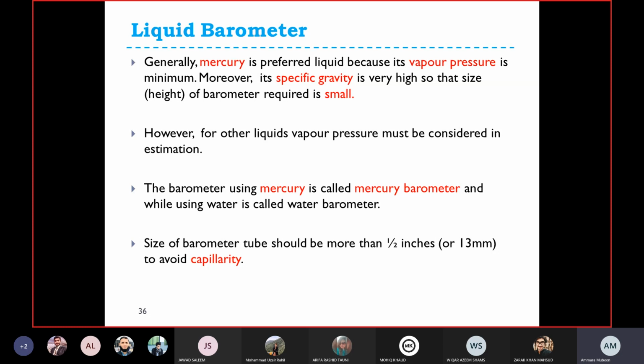When the tube size is less than half inch, you should consider the capillarity. So usually in a liquid barometer, the tube size is taken as greater than half inch to avoid the capillarity error. Capillarity is actually the property of fluid in which the fluid rises or falls in a small tube.